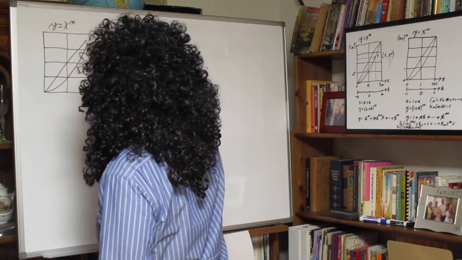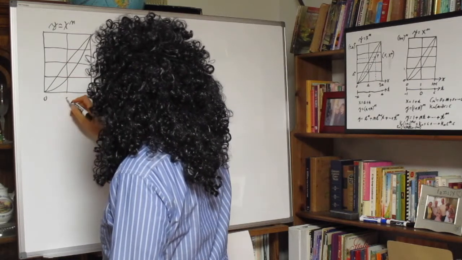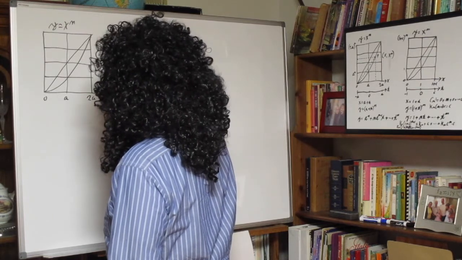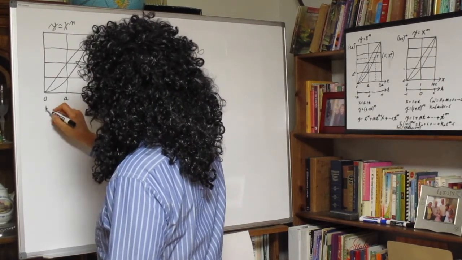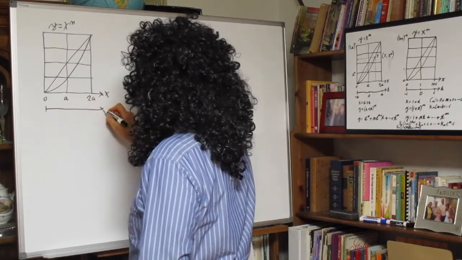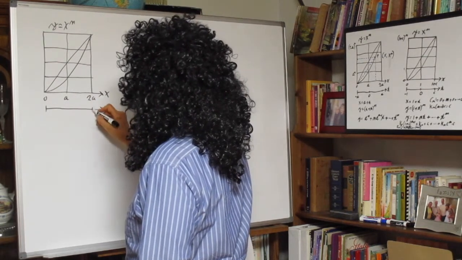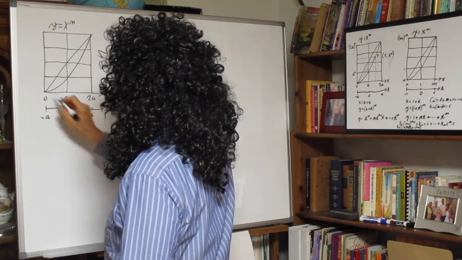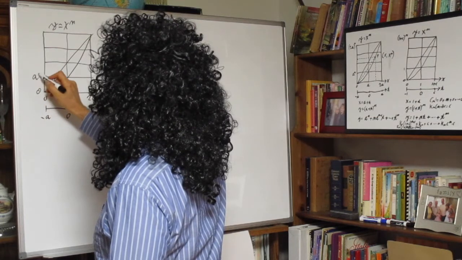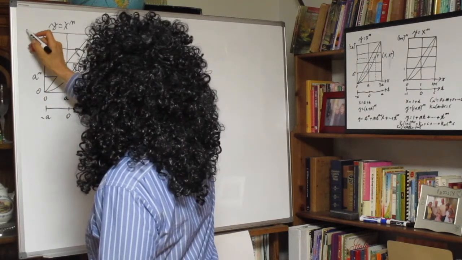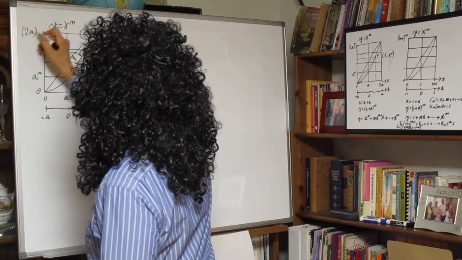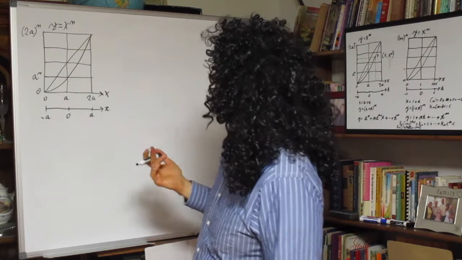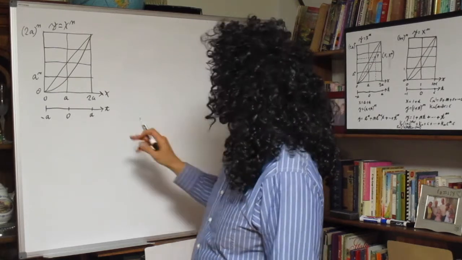There's the diagonal. 0 to a to 2a on the x-axis. And using translation on the t-axis, 0 minus a. So we get 0, a to the n, 2a to the n. See that? That's our basic setup.